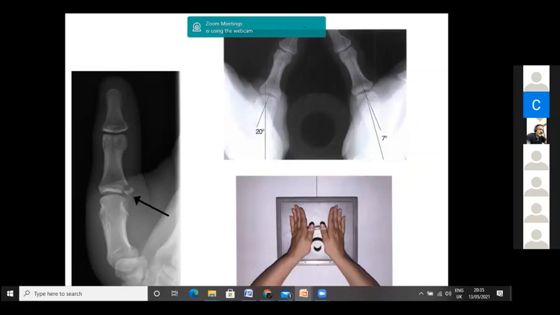So what do you mean by a Stener lesion? Shyam, any idea? Sir, there will be an avulsion fracture with the ulnar collateral ligament. There is an avulsion fracture, but what is a Stener lesion?